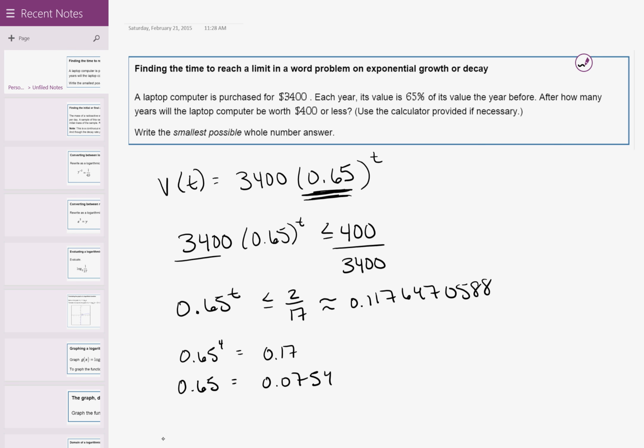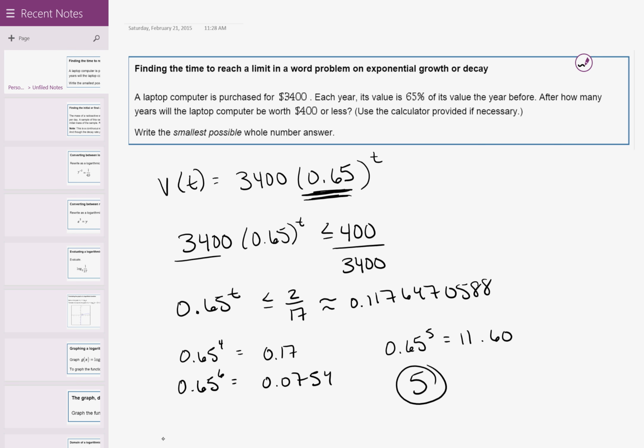So now let's try 5. 0.65 to the 5th is equal to 0.1160. So that is less than or equal to 2/17. So the answer is 5. In 5 years, our laptop is worth less than $400.